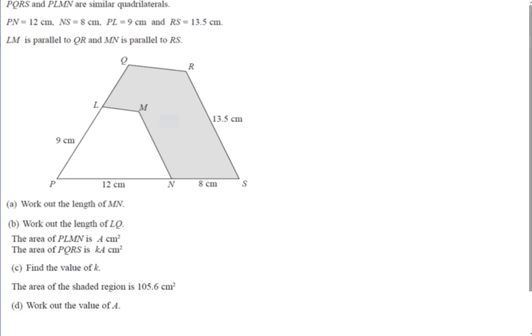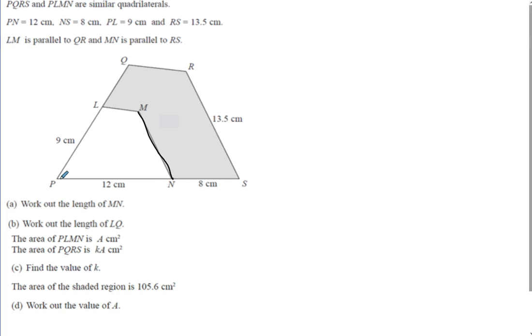PQRS and PLMN are similar quadrilaterals, and then they give you all the lengths. Work out the length of MN. So we know we've got to look for two corresponding sides.